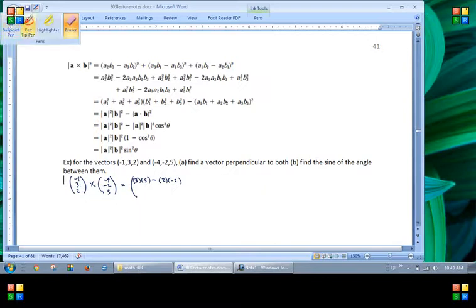The next component is going to be the middle component, so it's 2 times negative 4 minus, then I cycle up to the first component, negative 1 times 5. Then the third component, I'm going to use the first two parts. So it's going to be negative 1 times negative 2 minus 3 times negative 4.